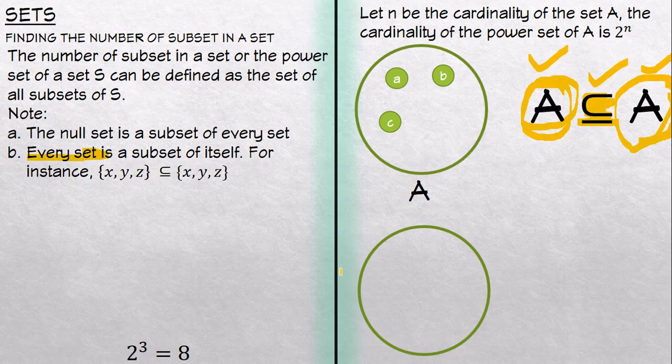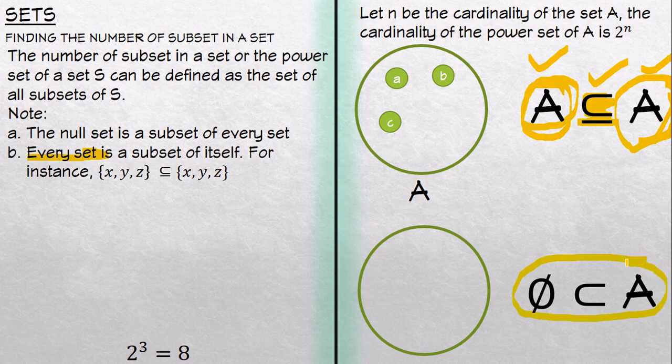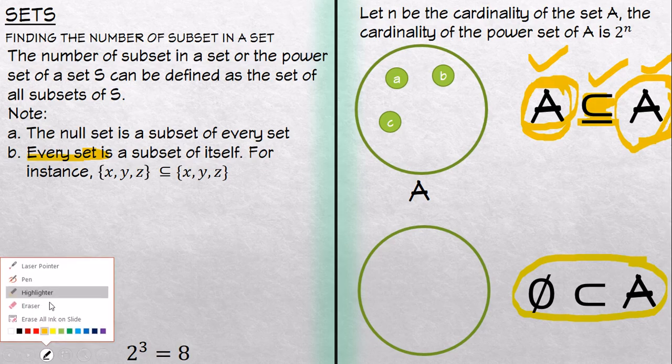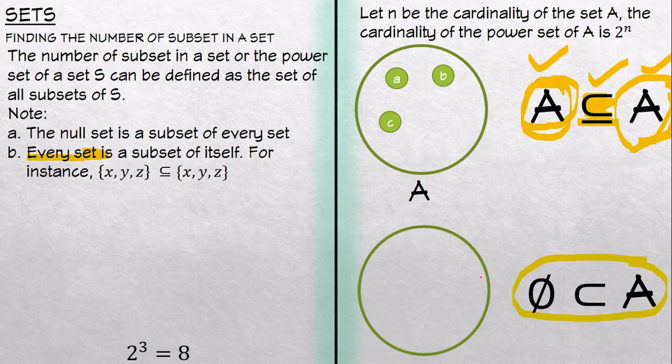And again, the empty set is a subset of the set A. What it means is, remember the second definition of the subset. Let's say we have this empty set over here, a set that doesn't contain anything.